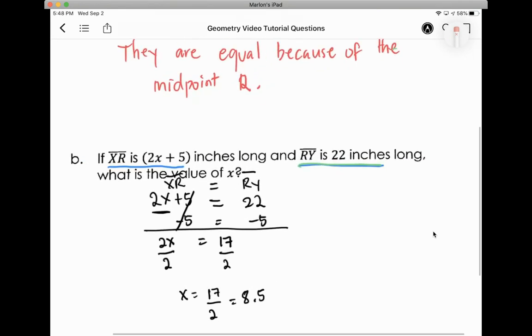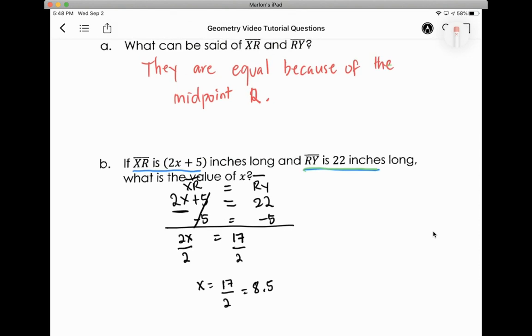Now, if we want to verify that XR is also 22, we can plug this x into 2x plus 5. So if we do that, we will have XR is equal to 2 times 17 over 2 plus 5. Of course, 2 is the same as 2 over 1, so that will be canceled out.